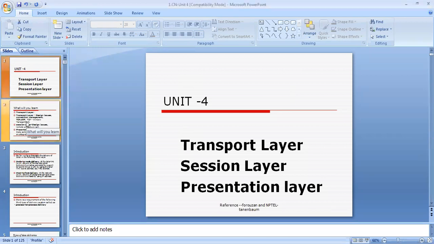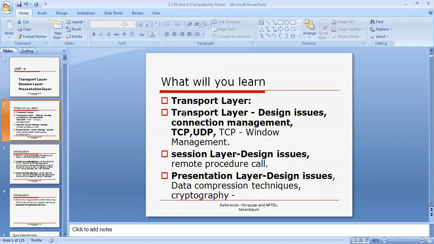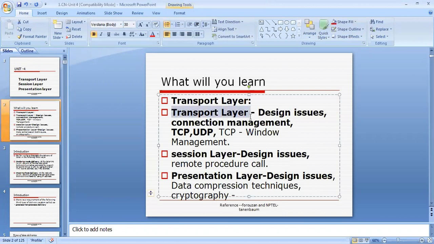From the unit number 4 syllabus aspects, we will start with the transport layer design issues, then the addressing scheme defined at the transport layer. Then we will study two important protocols called TCP and UDP, along with their connection management concepts.